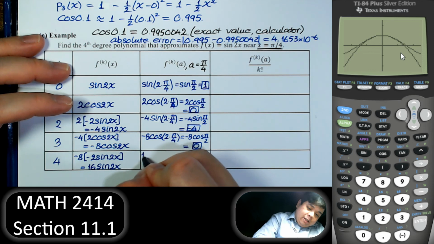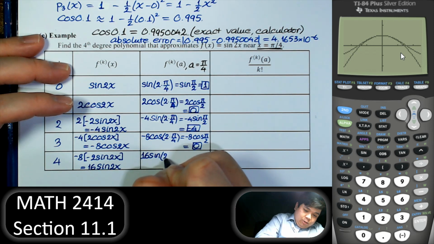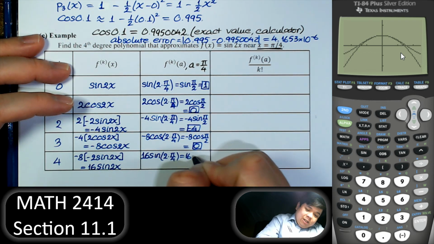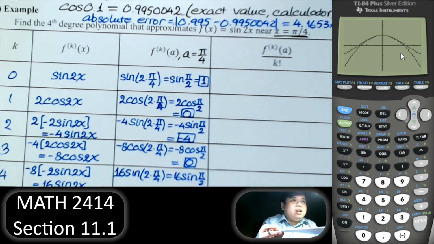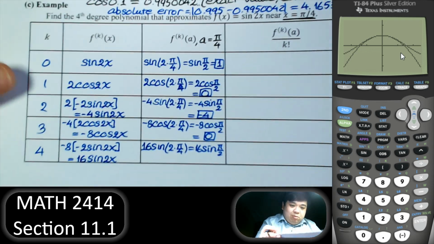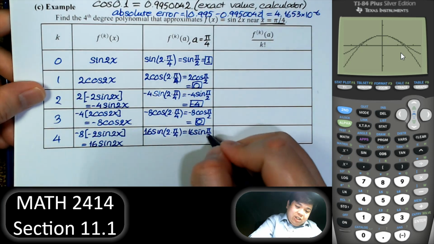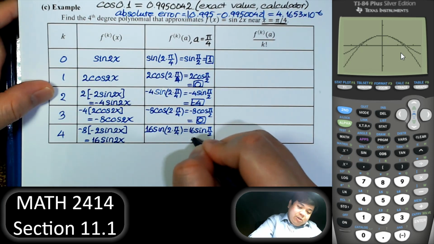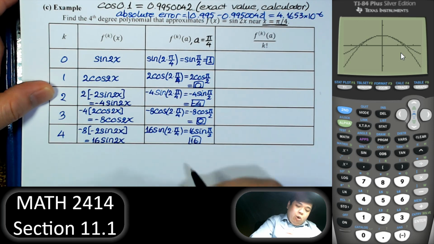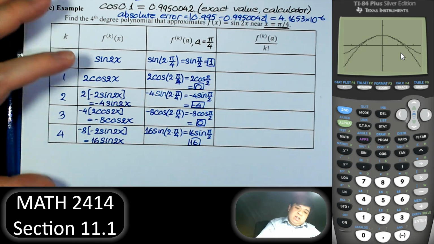And then 16 sine of 2 times pi over 4, 16 sine of pi over 2. So it looks kind of small, but it's not that bad, just routine. Sine of pi over 2 is 1, so we have 16. So the values are 1, 0, negative 4, 0, and 16.